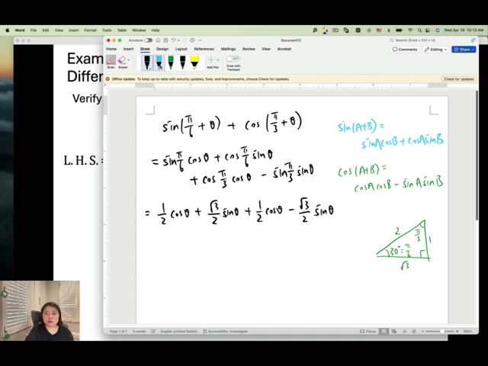Okay, right? Now, we're gonna simplify. We have a 3 over 2 sine theta, 3 over 2 sine theta. Okay, 1 plus and 1 minus. So we're only left with 1/2 cosine theta plus 1/2 cosine theta, which is gonna be equal to cosine theta, equal to your right-hand side.